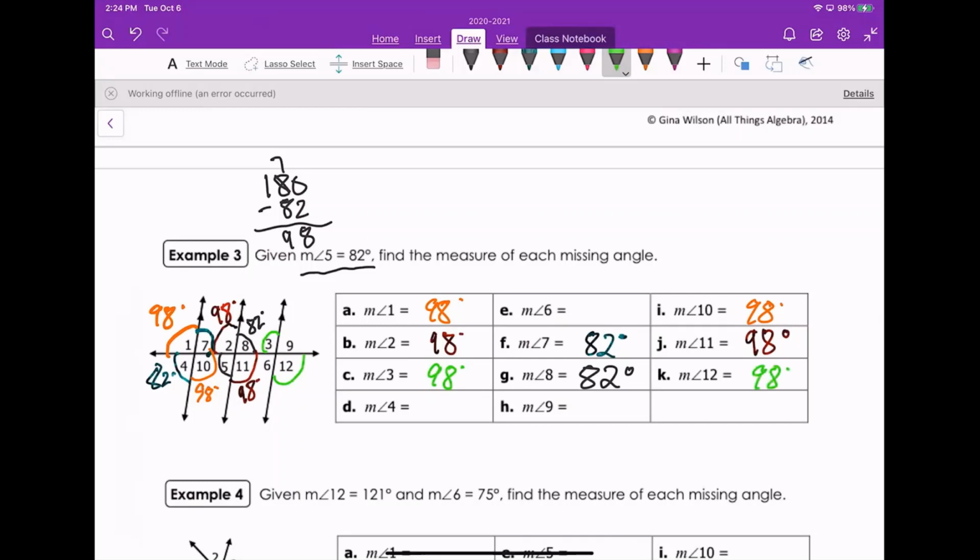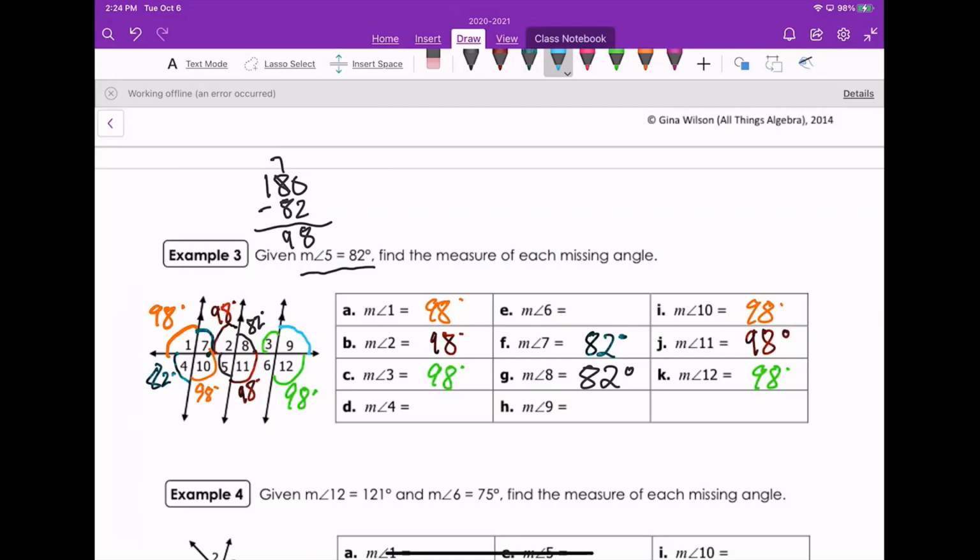And then angle 6. So let me do angle 9. Let me write it down, 98 degrees. Angle 9 here plus 98 degrees is 180, but we already did the math.